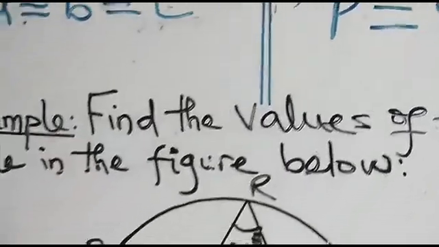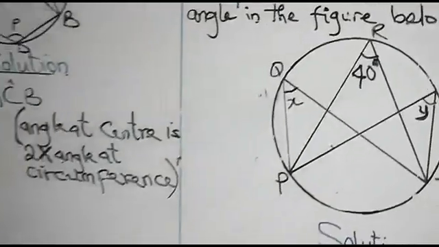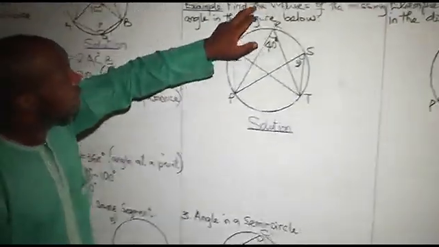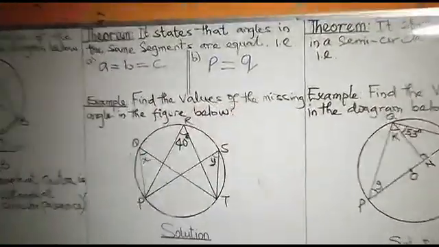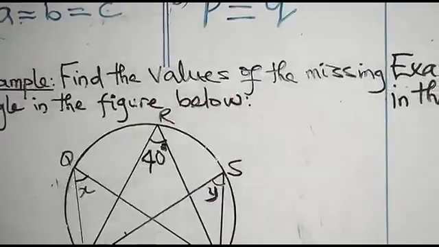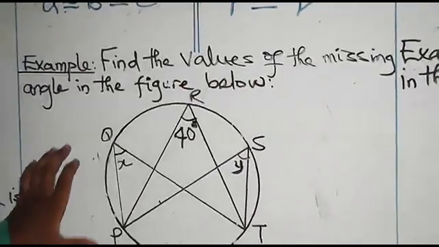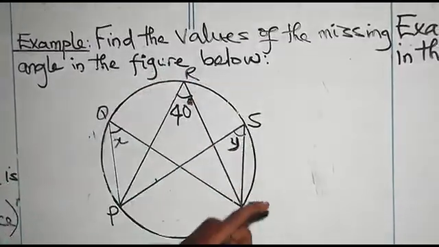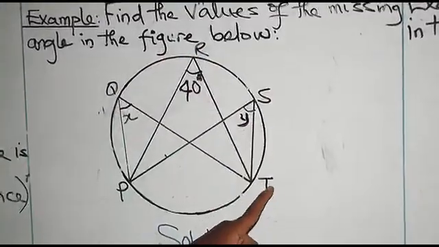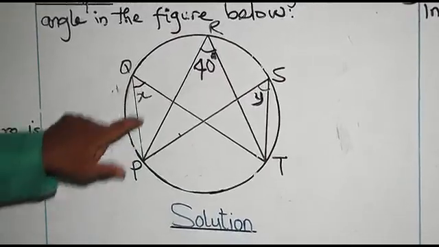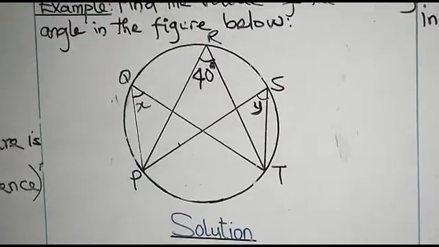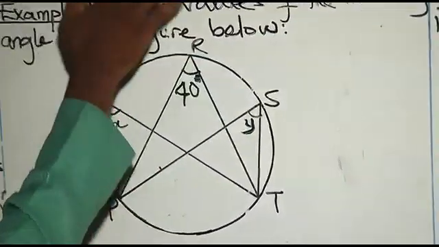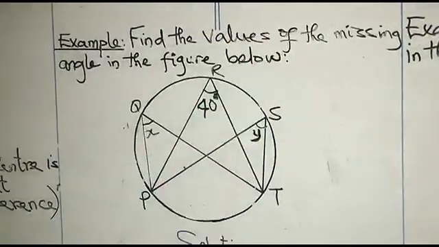So let's treat one of the examples to prove the theorem. Find the values of the missing angle in the figure below. We have a circle with points P, Q, R, S, and T. And one of the angles is 40 degrees. And we said angles in the same segments are what? Are equal.